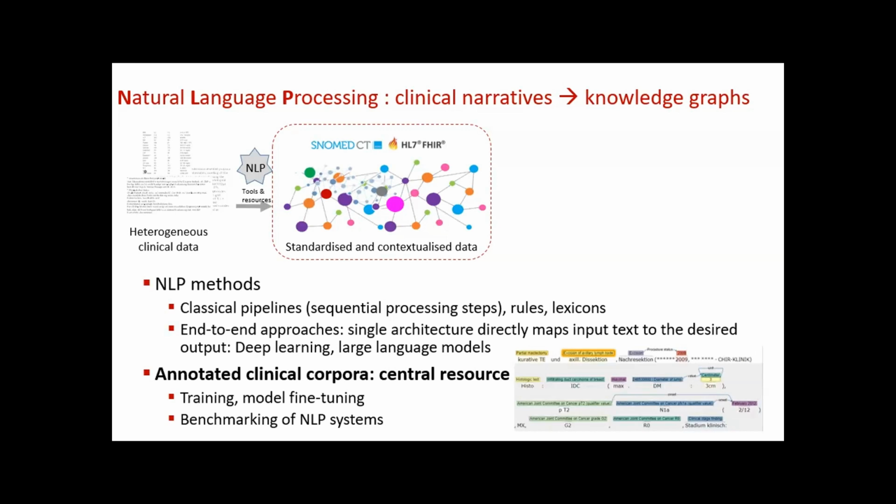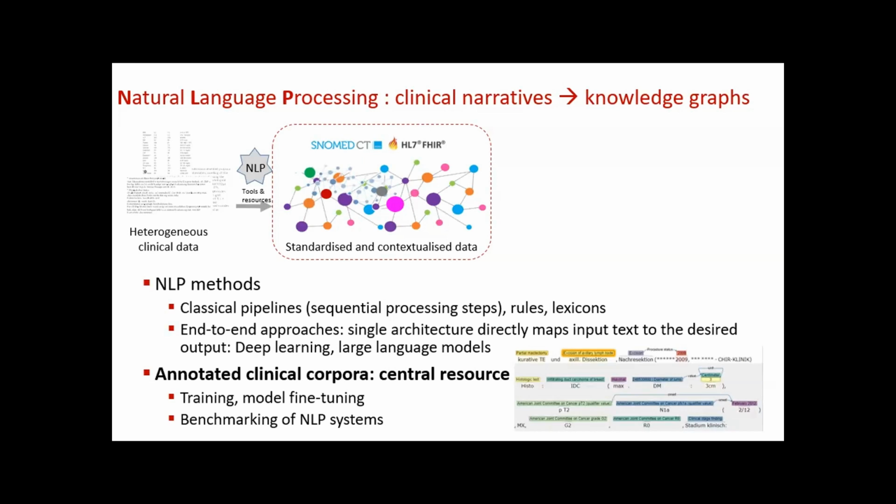They need to be trained by data. And in order to normalize clinical narratives, you need to annotate clinical narratives. That means you have to invest a lot of effort in order to add concept annotations and relation annotations to training texts.